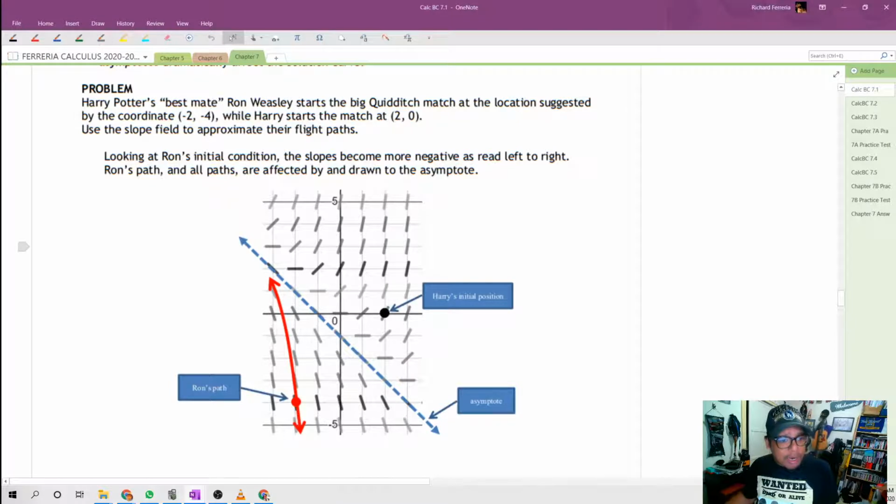Let's take a look at Harry. He is over here, and I'll do his slope field equation. We'll do his in green. Notice that since he's on this point, we know that the slope here should look something like that. Now, as we go from right to left, the slope should get more and more positive. So we start to see the slope of the solution curve get more and more positive.